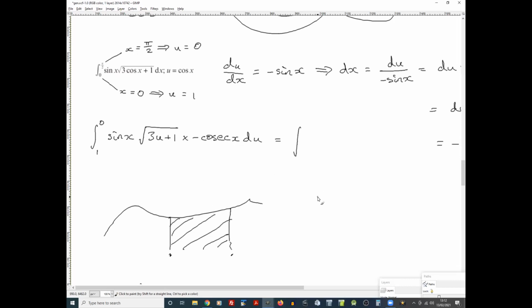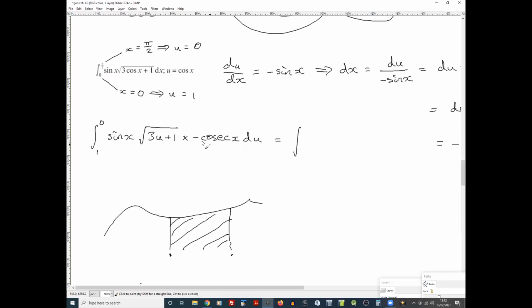So what are we left with? Root 3u plus 1. Carry on. Du. Not quite. One important detail here. Minus du. At least. Yes. And bear in mind, that doesn't mean minus du.